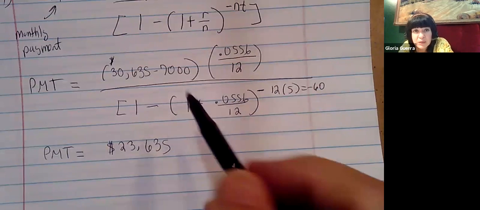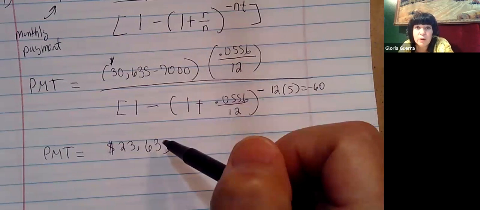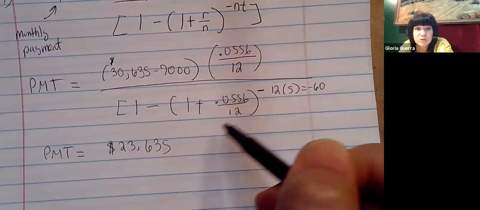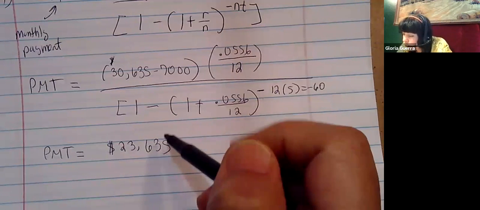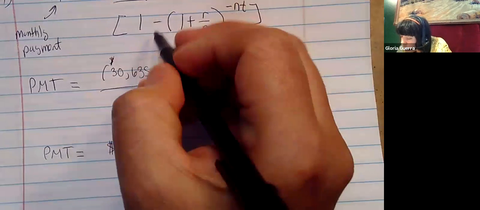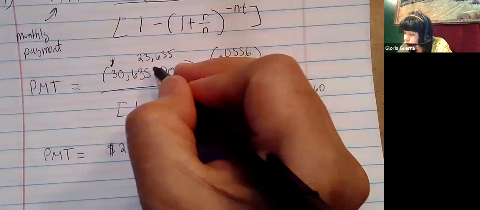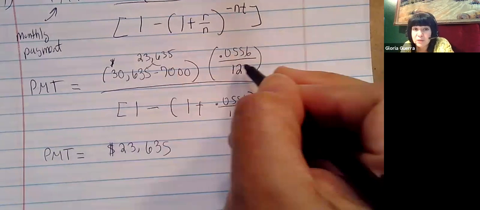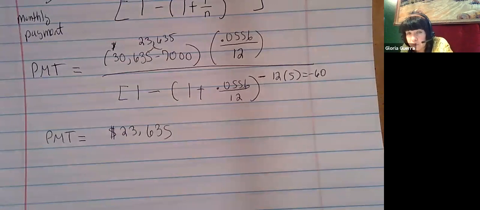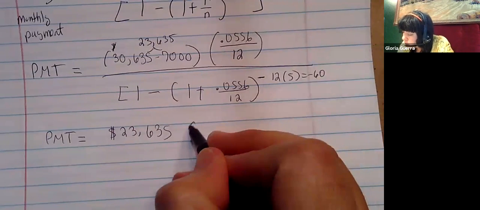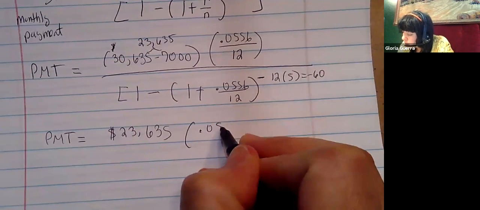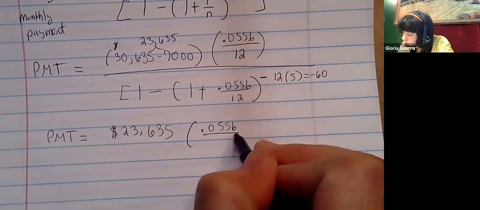On a test, you don't want to have to rewrite all of this again, so you could just put this up here, 23,635. You could write that there, and that's this value right after you subtract. That way you don't have to rewrite this again. Since I'm reviewing, I'll go ahead and put that here, so that when we type it in, you can see a little bit clearer.